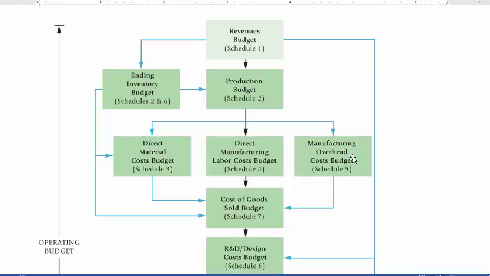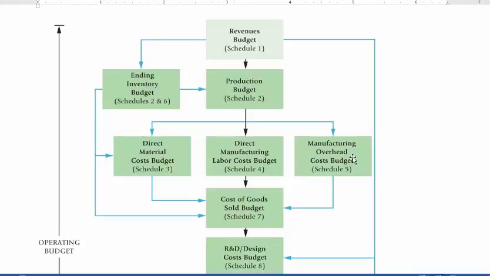So in our manufacturing overhead cost budget in Chapter 6, you guys are going to be utilizing activity-based budgeting in order to help us develop those numbers for that manufacturing overhead cost budget.